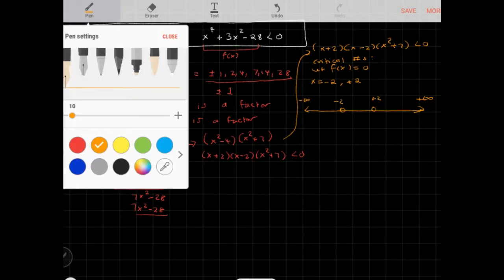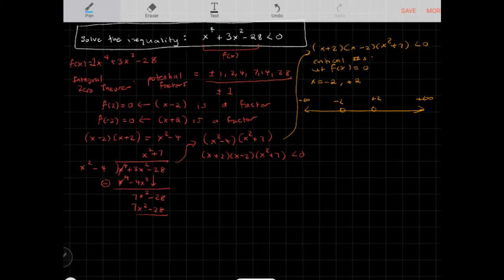One of your intervals here is negative infinity to negative 2. The other interval is negative 2 to 2. And the last interval is 2 to positive infinity. Using that, we're going to create a table of intervals. I'm going to do that out here.